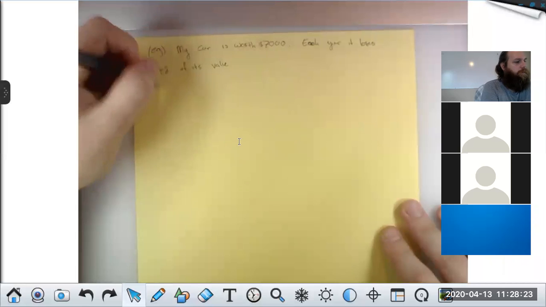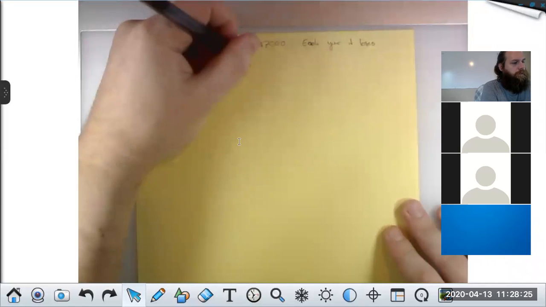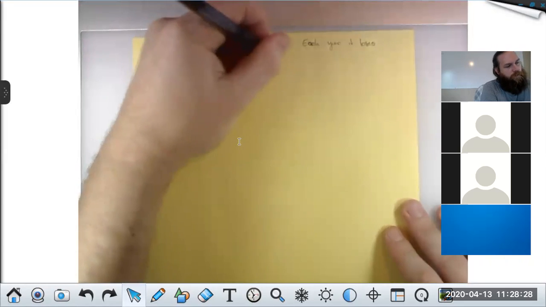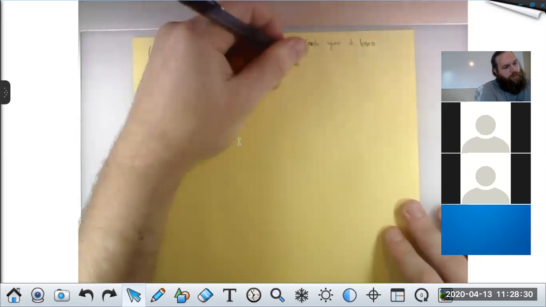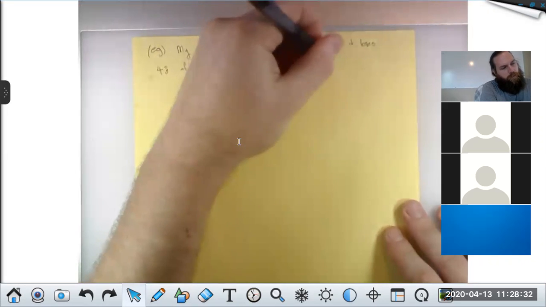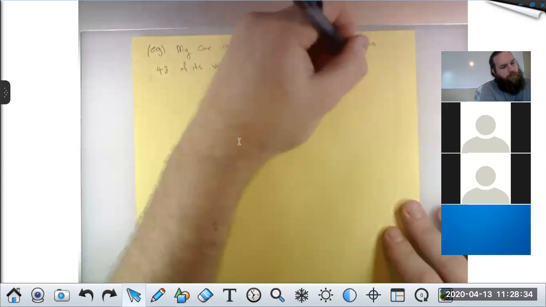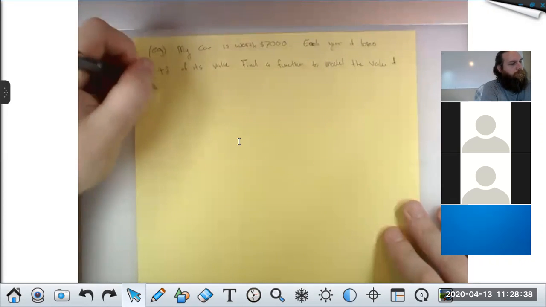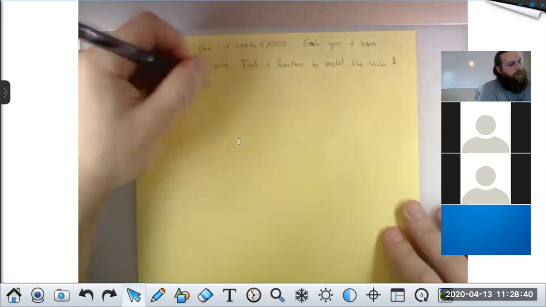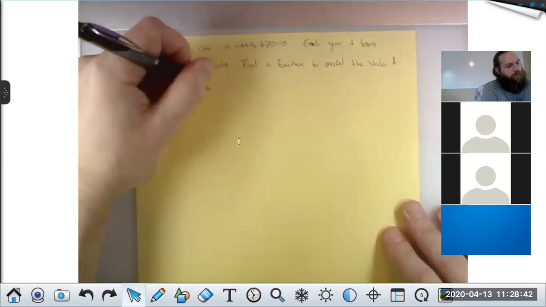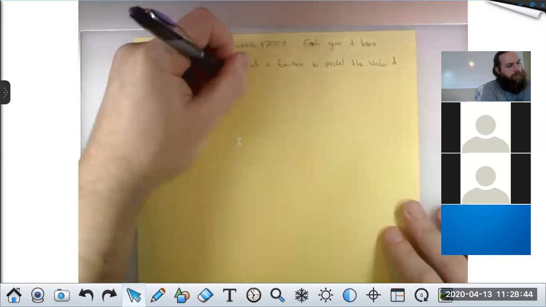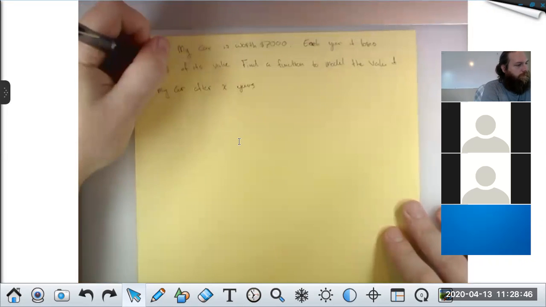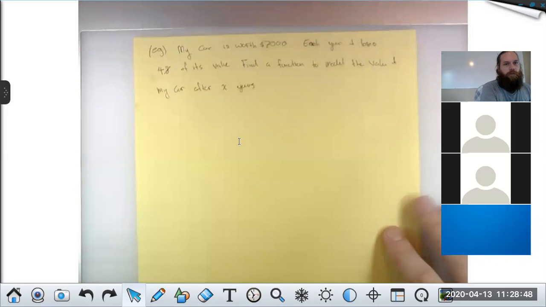I want to do two things. First, find a function to model the value of my car after x years. So I'm losing 4% of my value every year.